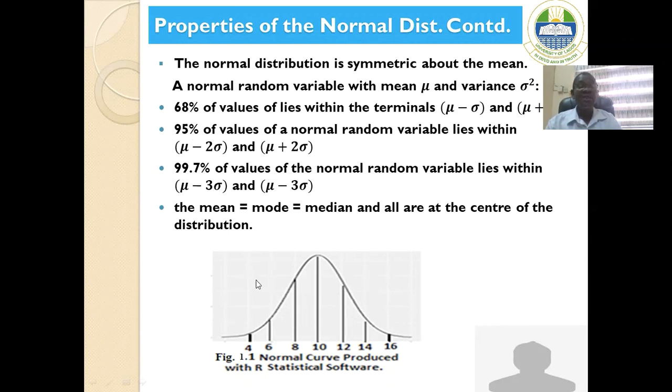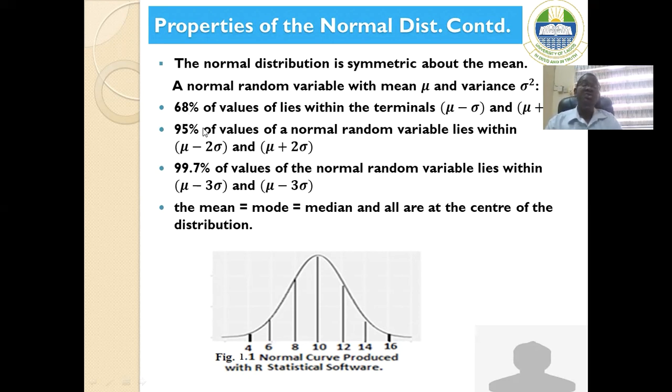Now, within 2 standard deviations away from the mean, that is 2 standard deviations on the left and 2 standard deviations on the right, lies 95% of the values of the normal random variable, which we say is mu minus 2 sigma to mu plus 2 sigma. Sigma is the standard deviation. So within this interval lies 95% of the normal random variable.